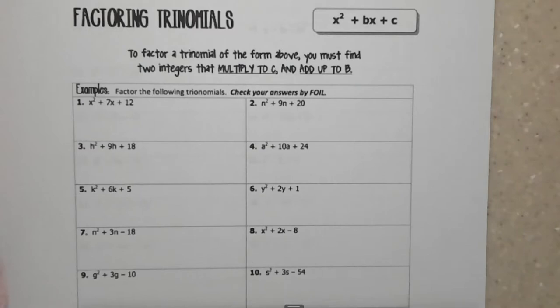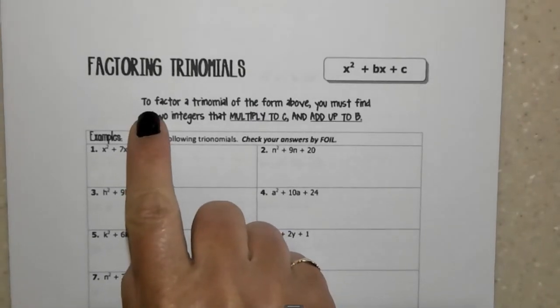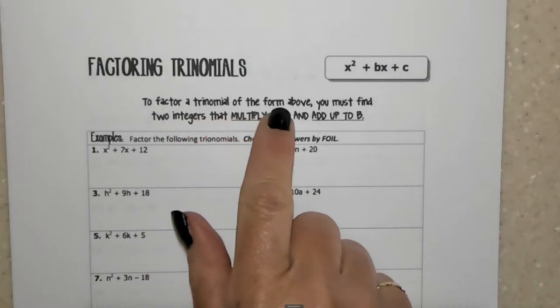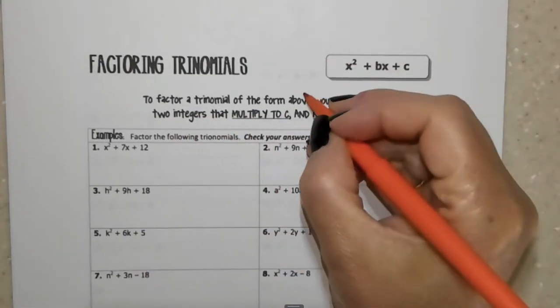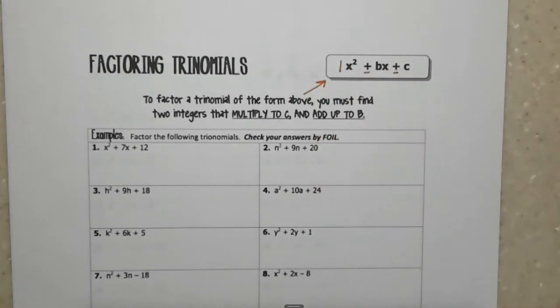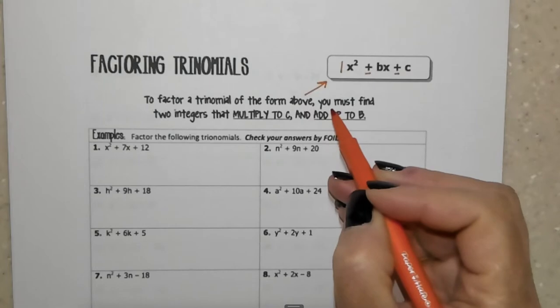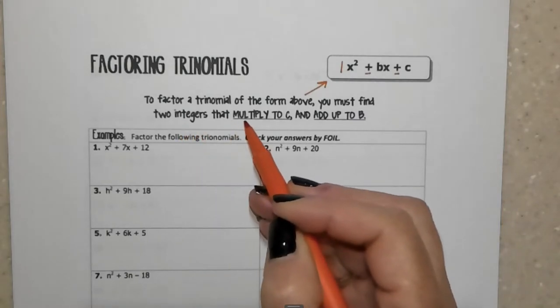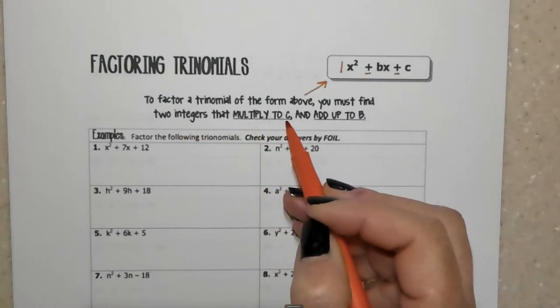Okay, here we go. Let's start with the little hint they give us. It says, to factor a trinomial of the form above, remember there's a 1 there, that could be a minus, that could be a minus, you must find 2 integers, positive or negative numbers, that multiply to get c.